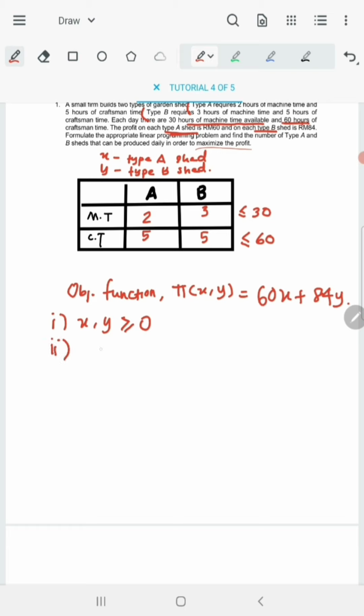Number 2, from the table we have 2x plus 3y less than or equal to 30, and then number 3 is 5x plus 5y less than or equal to 60. Sorry, 60.